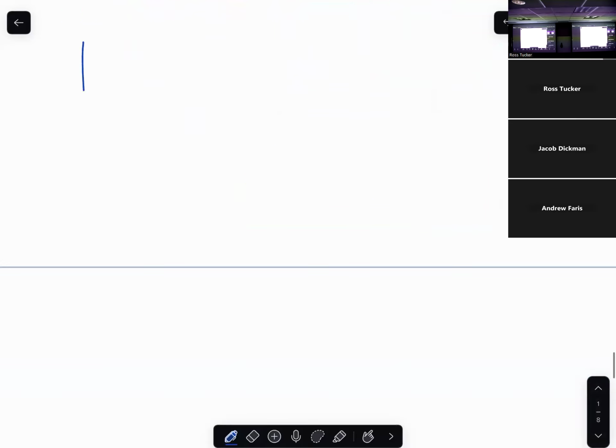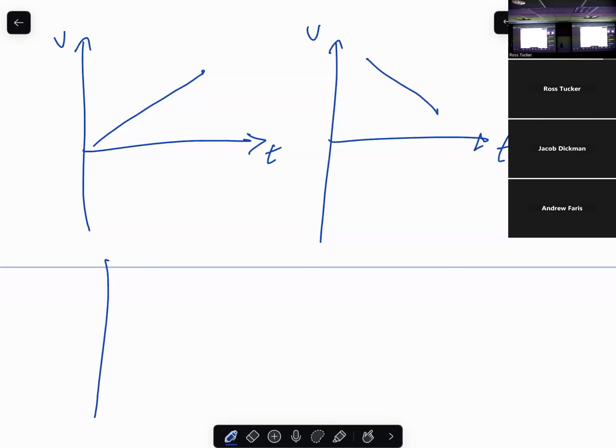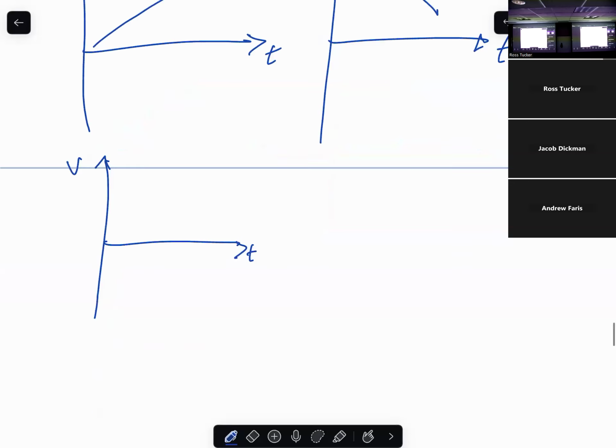I'm going to graph some accelerated motion on velocity graphs. All four permutations I could think of, about positive, negative.